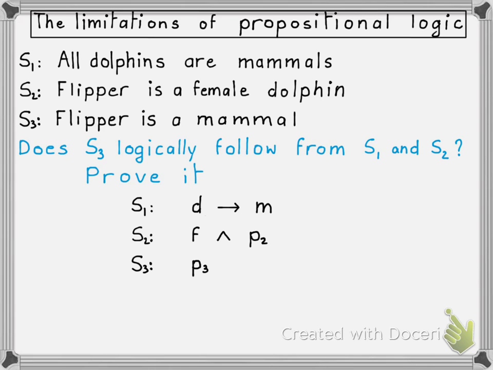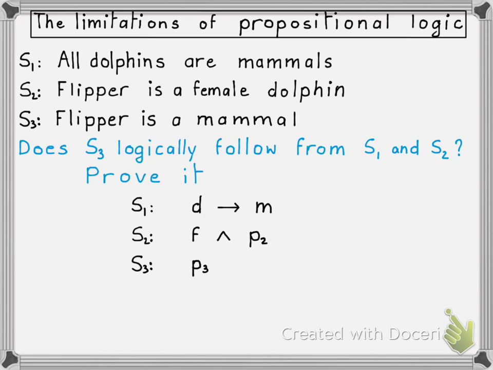Well, there are 5 distinct atomic propositions, D, M, F, P2, and P3. So how many rows are we going to have in a truth table? Holy smokes. 32 rows, right? 2 to the 5th power. That sure is a big table. That's going to be a lot of work.